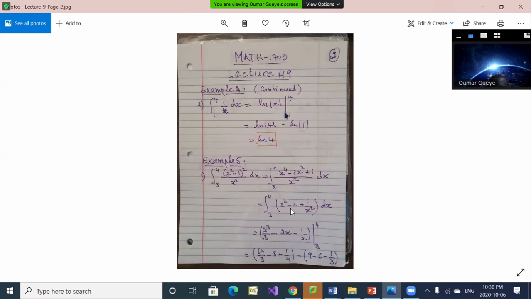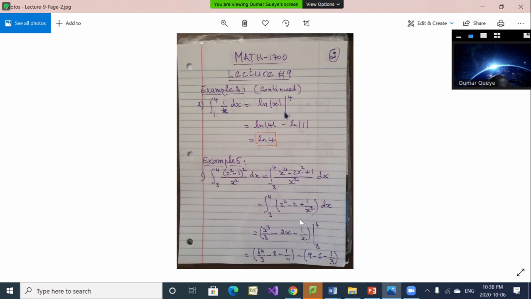Now we can integrate term by term, exactly what the property says. You integrate the first term, it's going to be x cubed over 3. Then you integrate negative 2, and integrating a constant, you guys know, is just negative 2x as the antiderivative. And the antiderivative of 1 over x squared is equal to negative 1 over x.